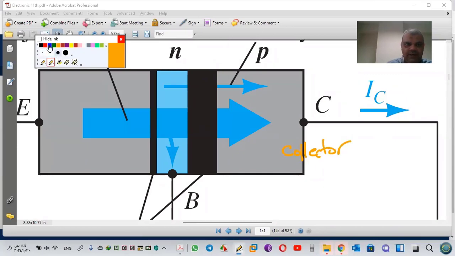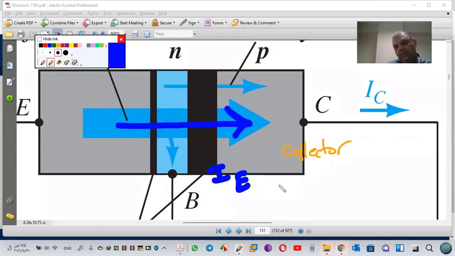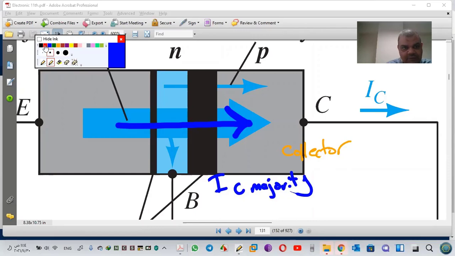We have the first current, this one, IC majority, and we have a small current, this one called ICO, minority.